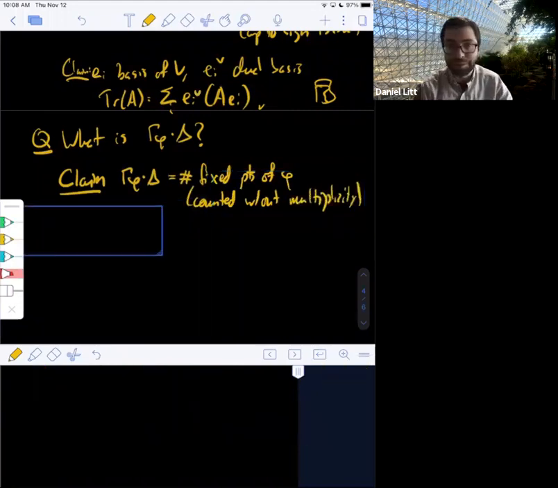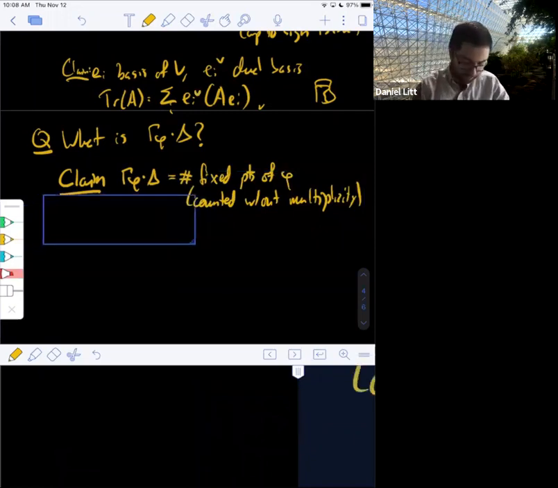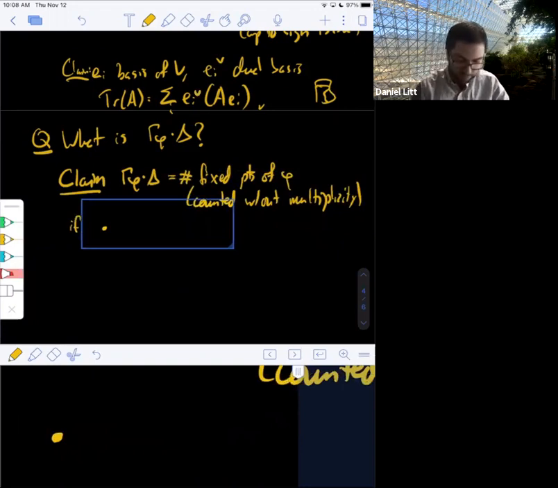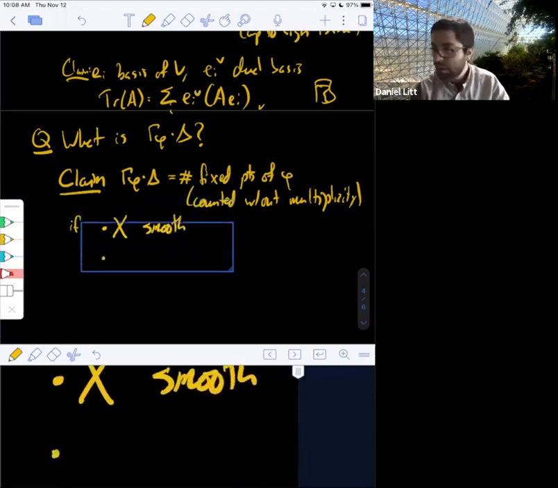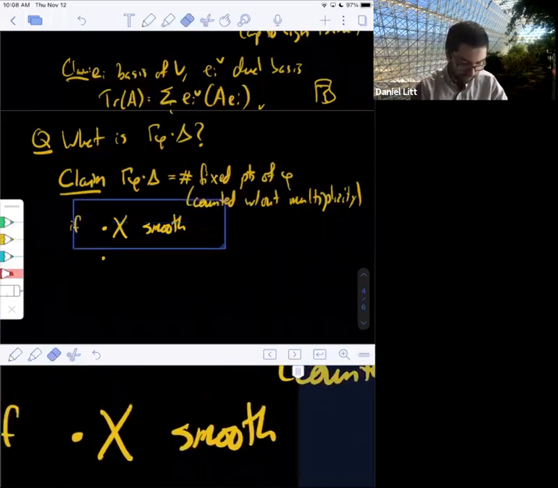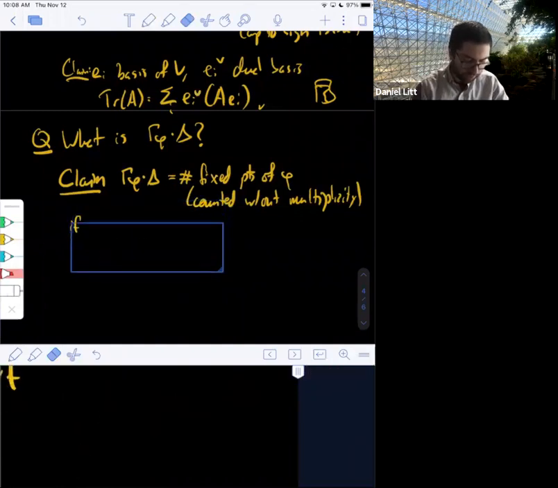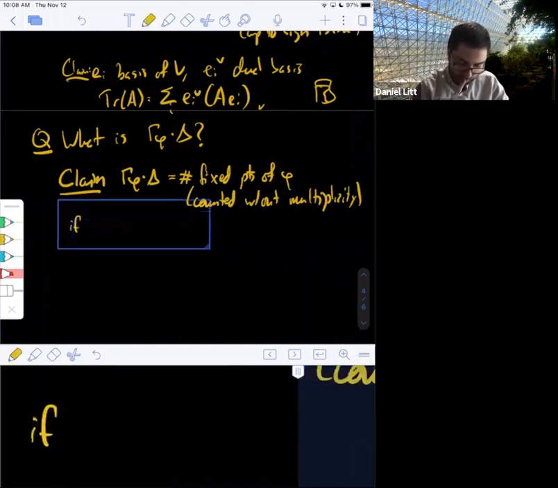So in other words, the multiplicity of each fixed point is 1 if the following three things are true. So if X is smooth, let me rewrite it in a slightly better way.